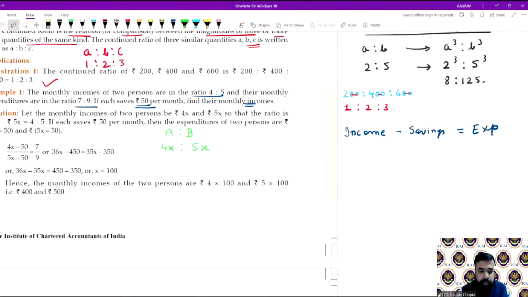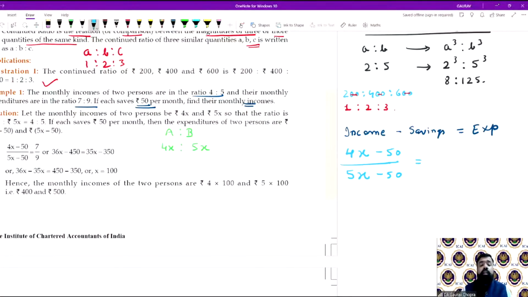So income is 4x for A, and for B it is 5x. We can write one in the numerator and the other in the denominator, 4x and 5x. Now each of them is saving rupees 50. So income minus savings, we are subtracting savings from both of them.